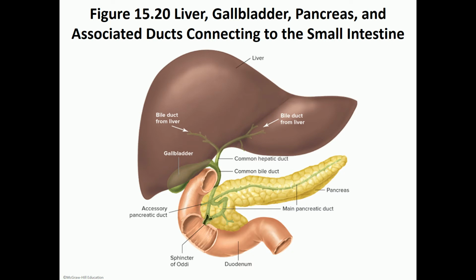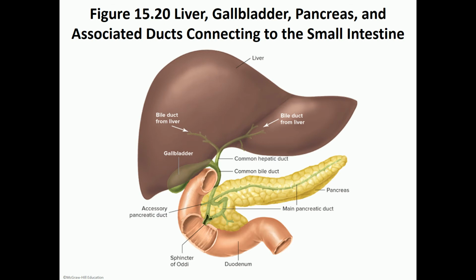It has a common opening with the major pancreatic duct, and it is controlled with a sphincter known as the sphincter of Oddi. We mentioned that CCK, or cholecystokinin, contracts the gallbladder to release bile while it relaxes the sphincter of Oddi.